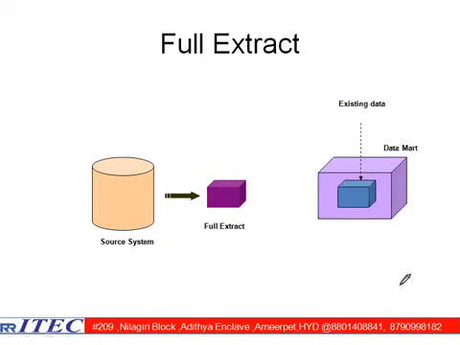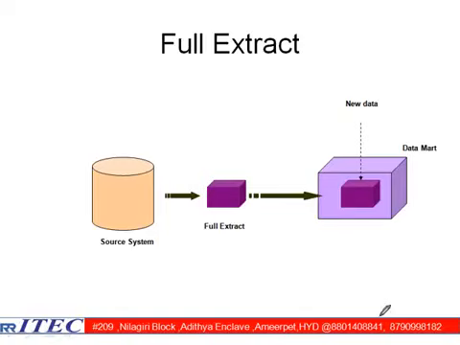Observe carefully now. I have some existing data here with this color. Whenever I am doing a full extract, closely observe the diagram. What is happening? Whatever data is available in the target, the entire data is overridden. That kind of process is called a full extract.